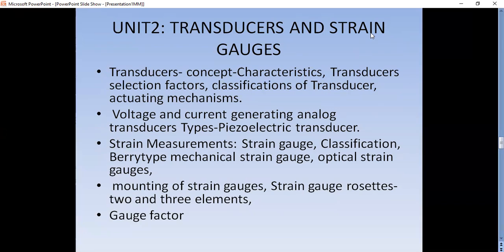Strain measurements: we have strain gauges and their classification, Berry type mechanical strain gauge and optical strain gauges. Then we'll learn the mounting of strain gauges. There are two types, strain gauge rosette 2 or 3 elements, and we'll study the gauge factor.